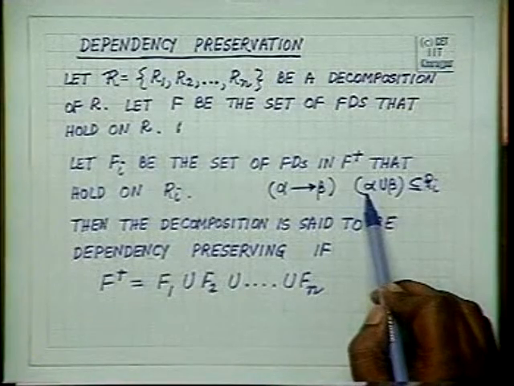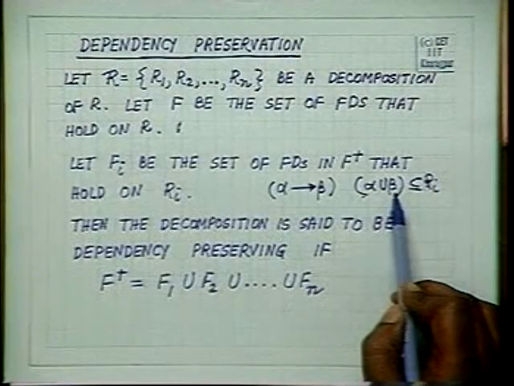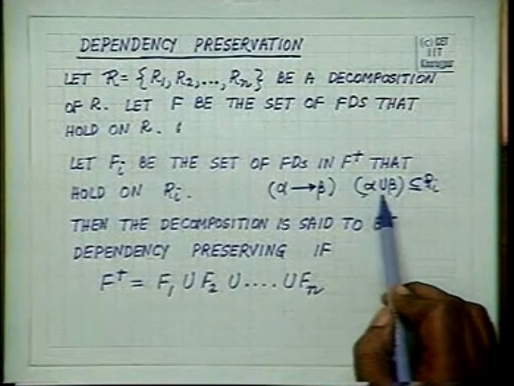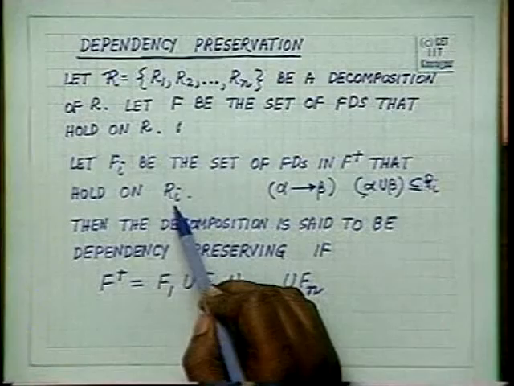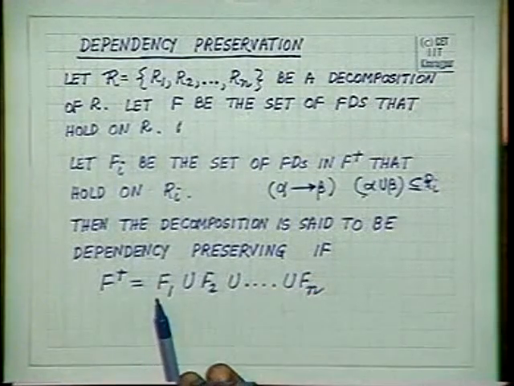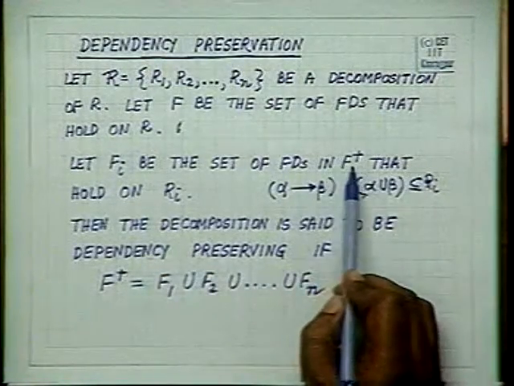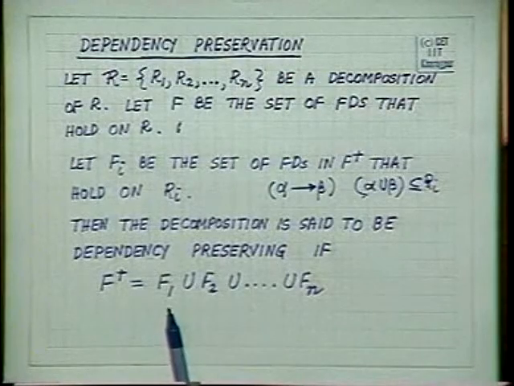If the attributes alpha and beta, this is a set of attributes, this is another set of attributes, if the union of these two sets is a subset of Ri, then this functional dependency must hold on Ri. So let Fi be the set of functional dependencies in F plus that hold on Ri.